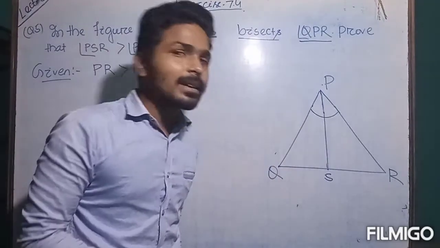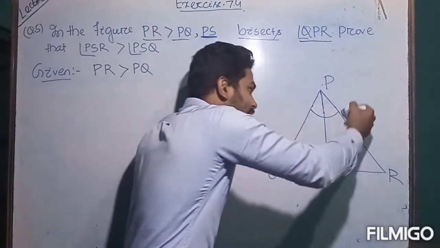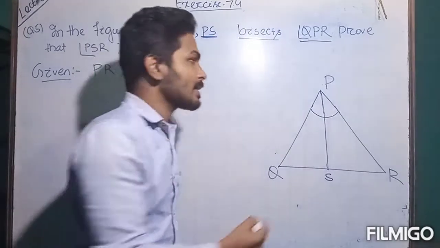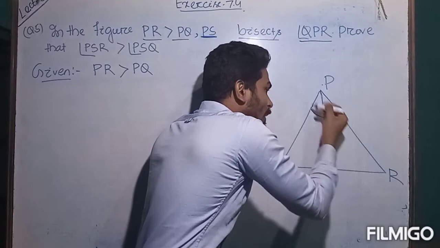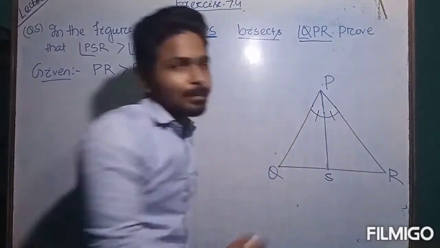What is an angle bisector? An angle bisector is a line which divides an angle into two equal halves. Since PS divides angle QPR into two equal halves, this half is equal to this half. Understood?